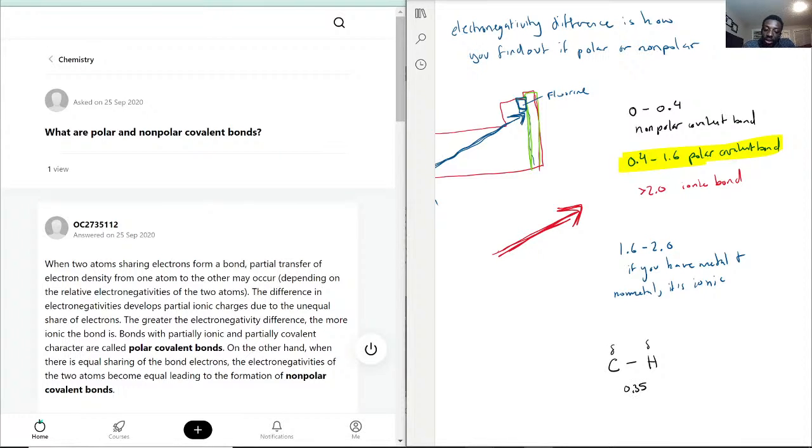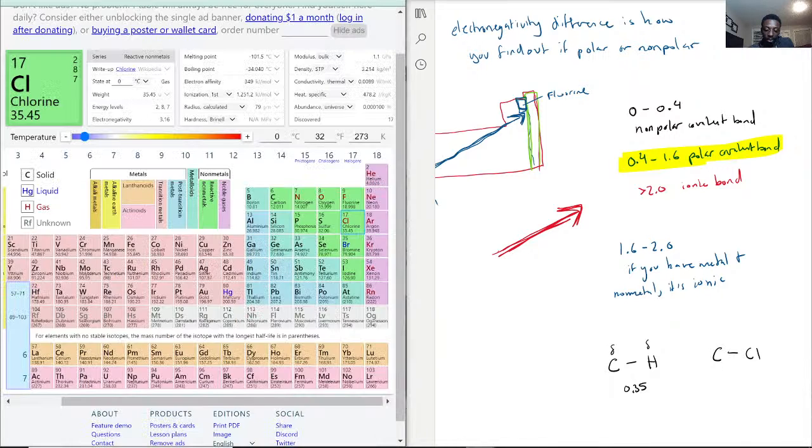Now if you had carbon and chlorine, chlorine is 3.16 and carbon is 2.55.